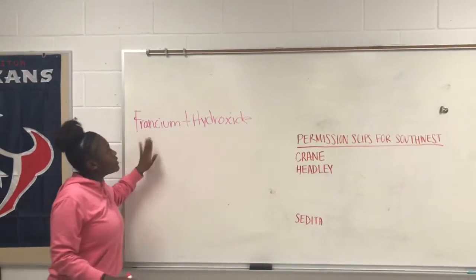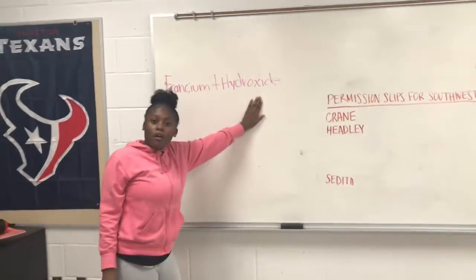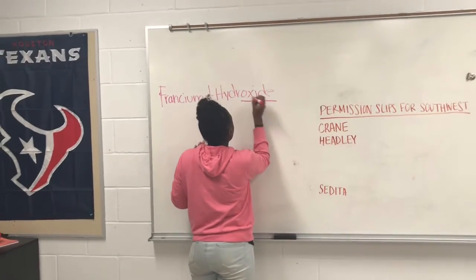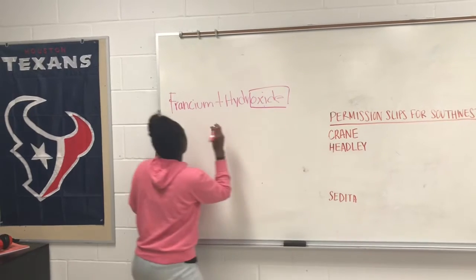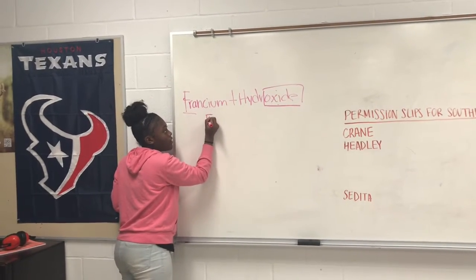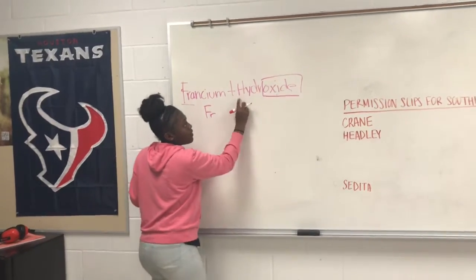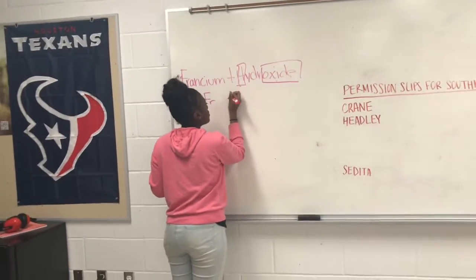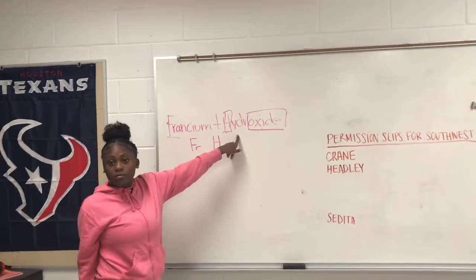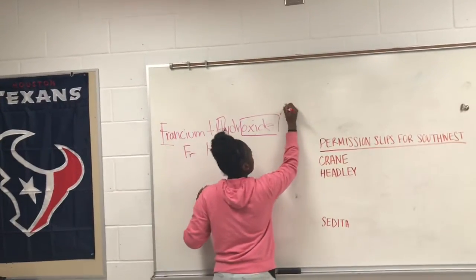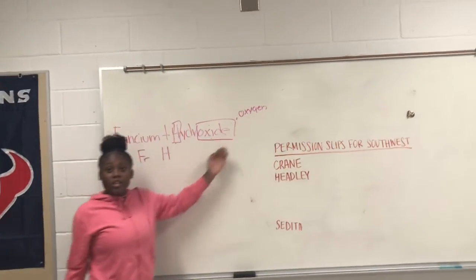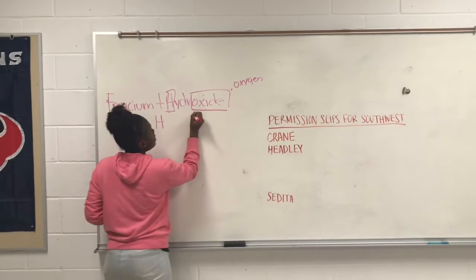As you can see with this one, the ending with oxide shows that the symbol would be Fr. This one would be HO, because the oxide shows that it has an oxygen atom in it, in fact. So you would add an O.